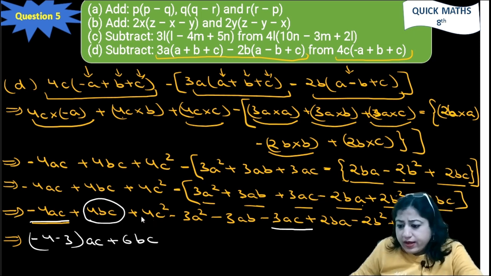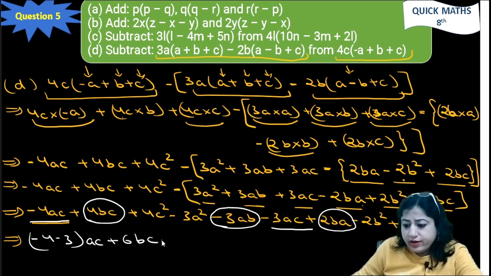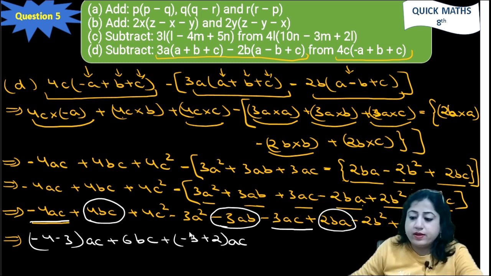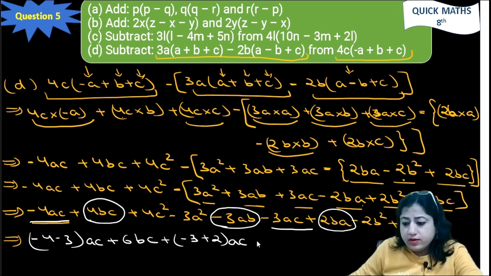Now again ab. This one is minus 3ab. This is 2ab. So it can be written as minus 3 plus 2 and ab. Now the others are simple. Minus 3a square, minus 2b square and minus 4c square.